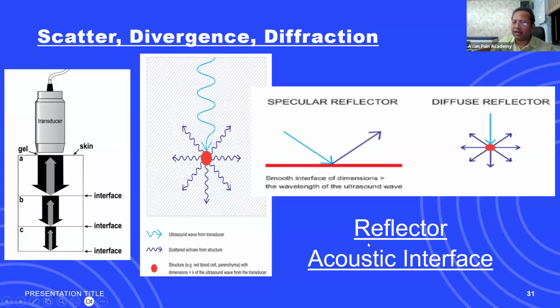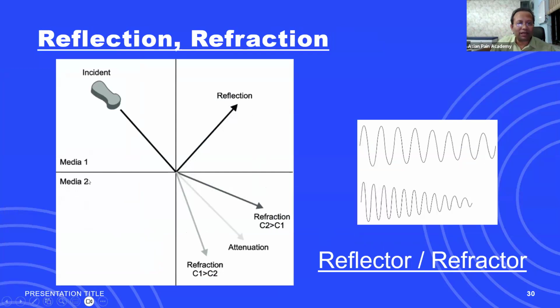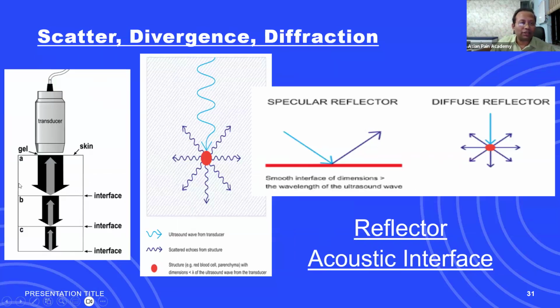So here we have understood reflector, refractor, and acoustic interface. This reflecting surface between media 1 and media 2 is called an acoustic interface. So tissue 1, tissue 2, tissue 3, all the different layers become an interface. From here the sound wave is again reflected. Now don't think that with one muscle above and one muscle below, only in between is the interface.